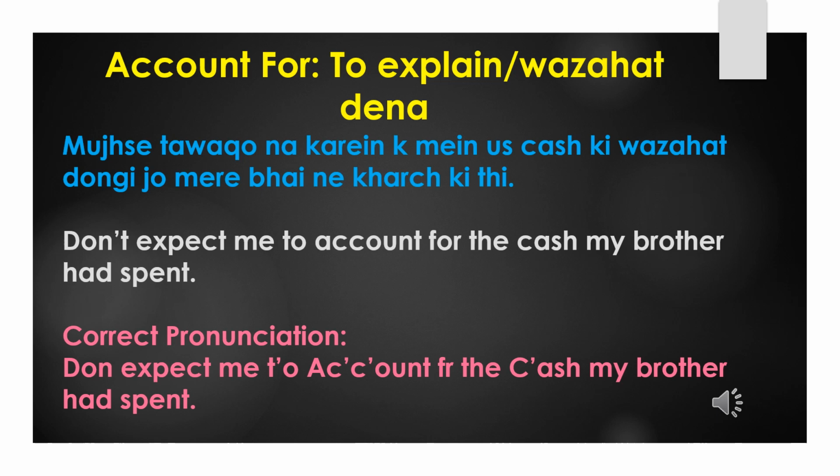To में T में थोड़ा सा ठ की sound आती है जैसे कि to. और account में भी C में ख की आवाज आती है जैसे कि account. For जो है वो उसका O silent हो जाता है तो ये हो जाएगा for की जगह fur, like short हो जाएगा. और the वैसे ही रहेगा. कैश में C में थोड़ा सा ख की वॉइस आएगी, like it's not cash, it's cash.